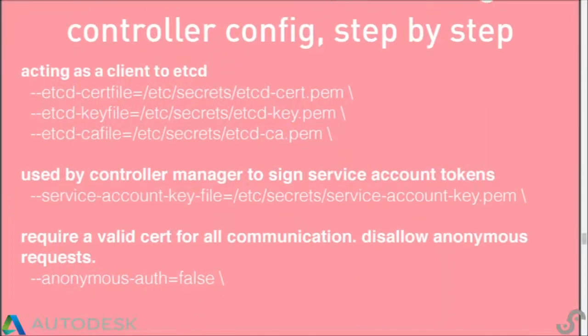You've got the API server acting as a client to etcd here at the top. And I mentioned earlier, if you want to actually secure those service account tokens, those JSON web tokens, you have to sign them to make sure that the API server knows that they are from the same CA.